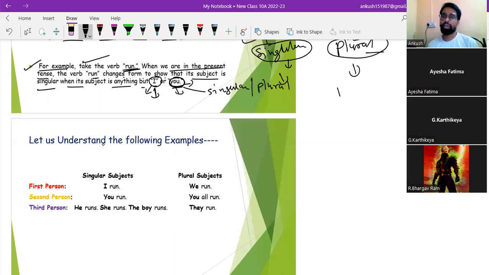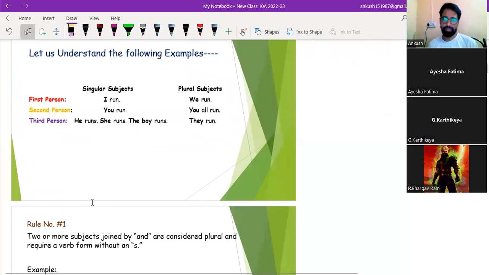Suppose you are calling one person, you will call him you. You are calling 10 people, again you will call them you only. You do not change the form of you for singular and plural. That is why it is said that the verb form is singular when its subject is anything but I or you. Let us understand the following examples. What are given here? Let us understand this.